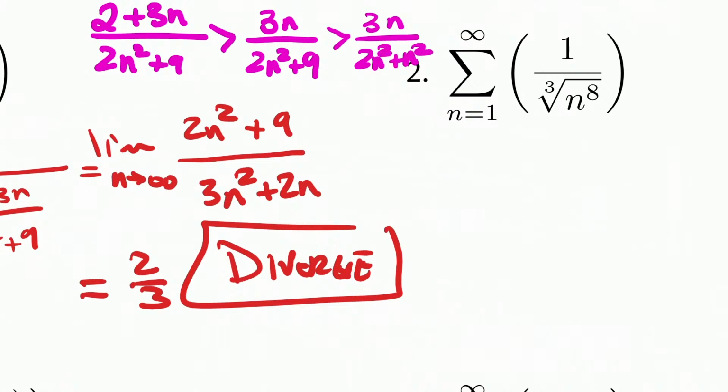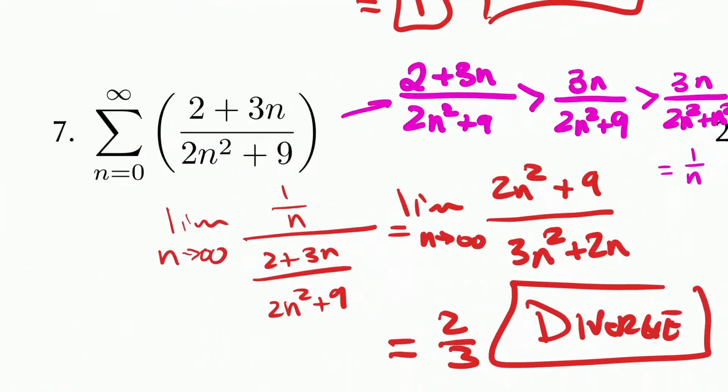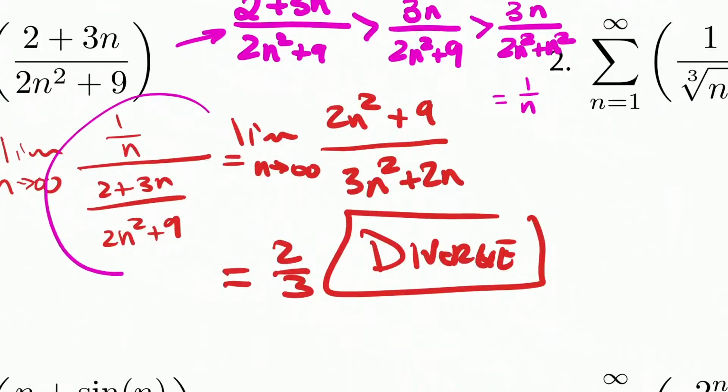As long as n is bigger than 3, n squared will be bigger than 9, which makes this a smaller fraction. And then you can say that that is equal to 1 over n. So this thing is bigger than 1 over n, which means since 1 over n diverges, that thing will also diverge. So alternate, either you can do direct comparison if you want to, or a limit comparison.